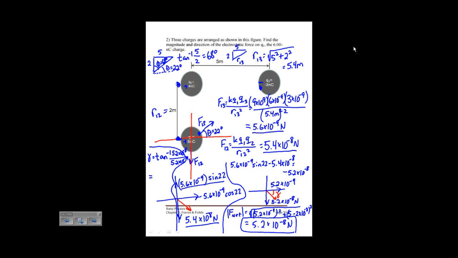And that gives me an angle of 84 degrees below the positive x-axis. And that's the second part of the answer. The magnitude is 5.2 times 10 to the minus 8. The direction is 84 degrees below the positive x-axis.